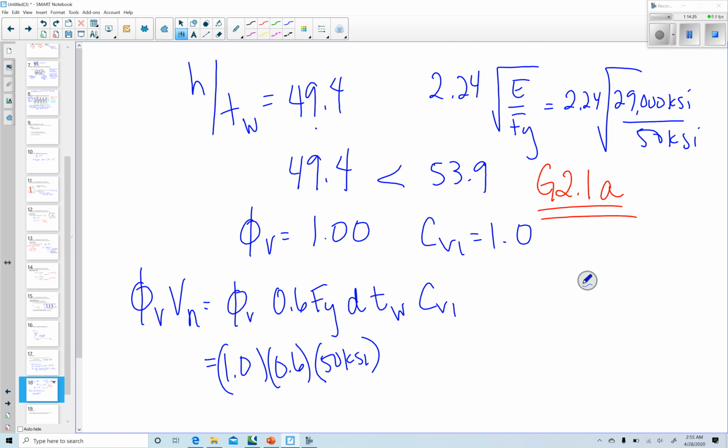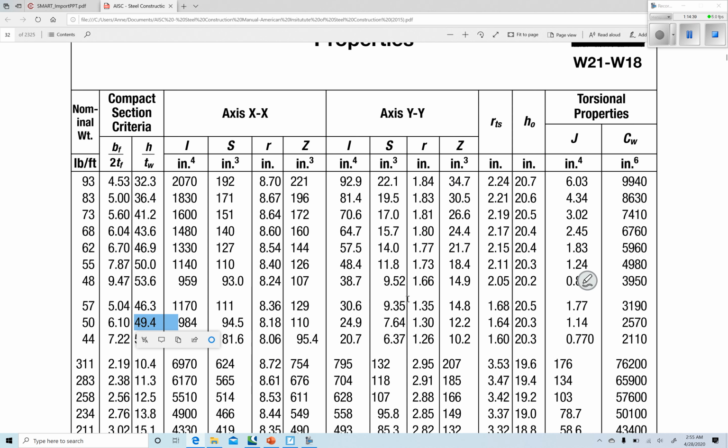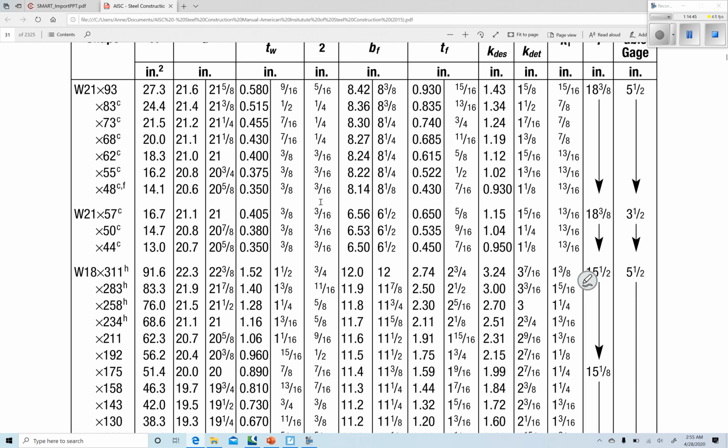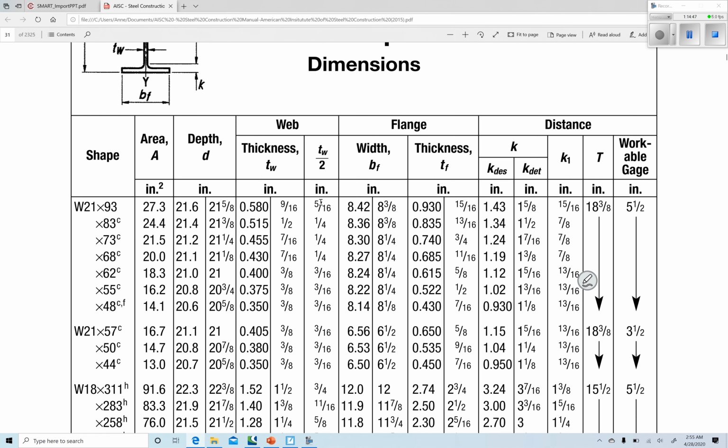I'm still less than 53.9. So I still get to use G2.1a. So it's fine, other than I'm just going crazy. Okay. So W21x50. My depth is 20.8. My thickness is 0.38.